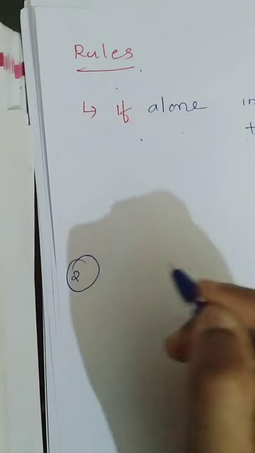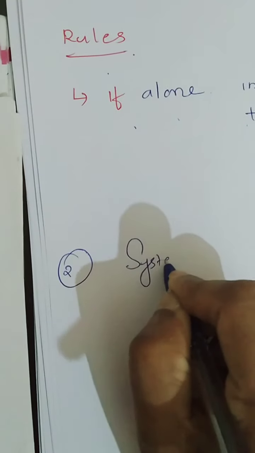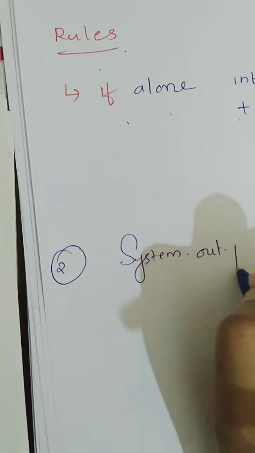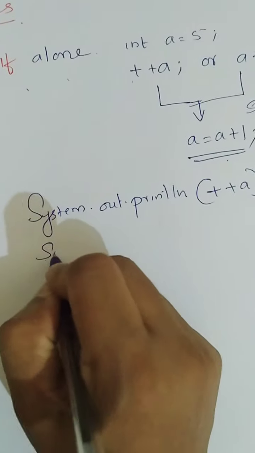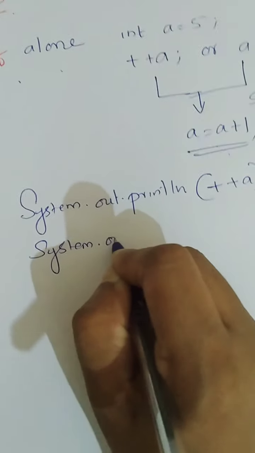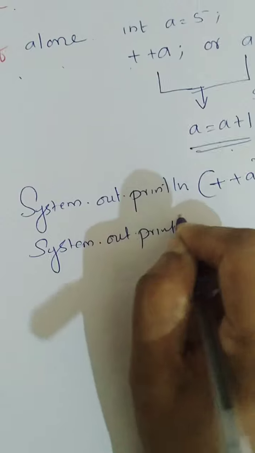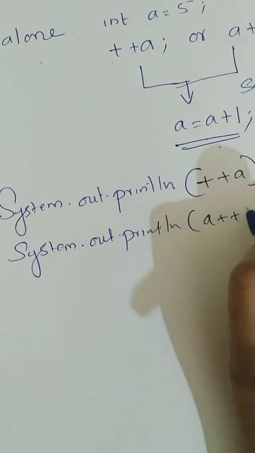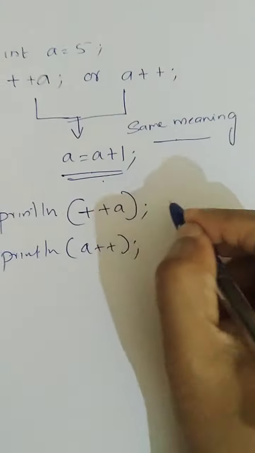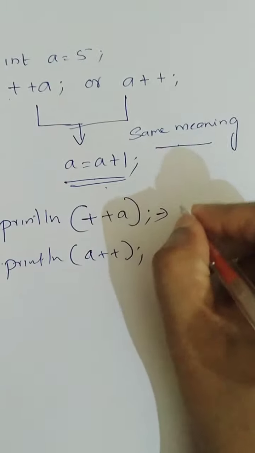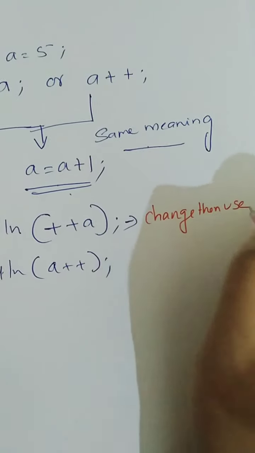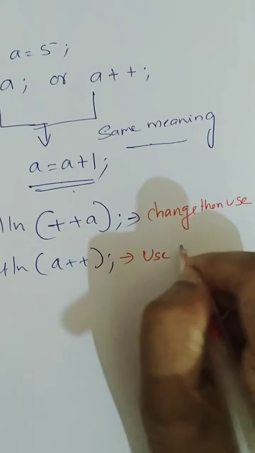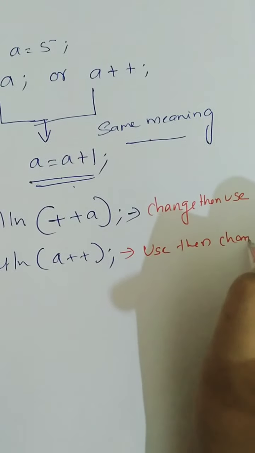Now the second one, if it comes inside System.out.println. Suppose it is ++a, System.out.println, a++. Then this is change then use, this is use then change.